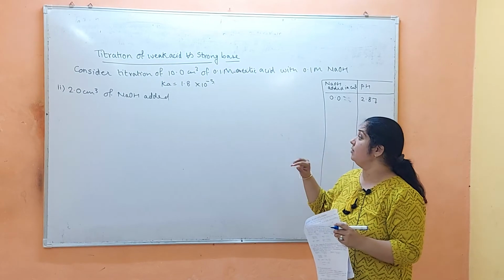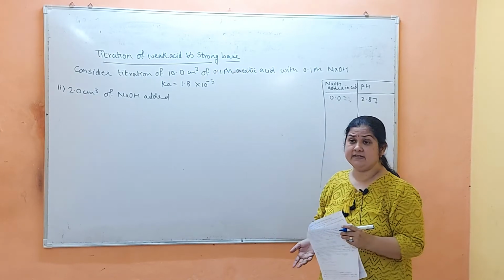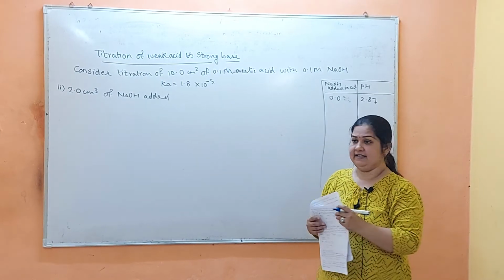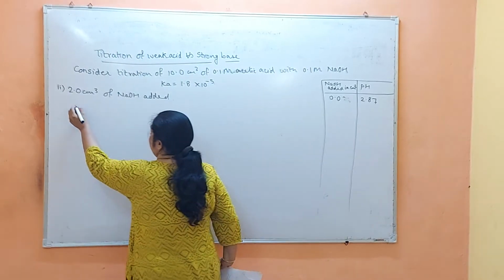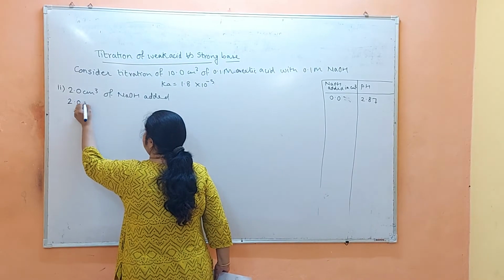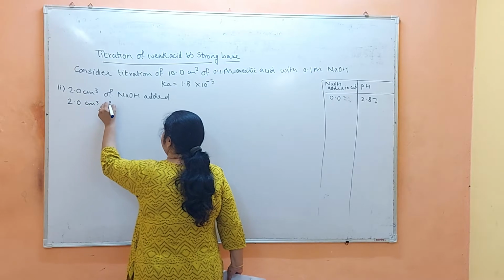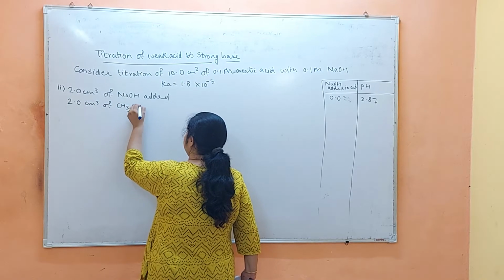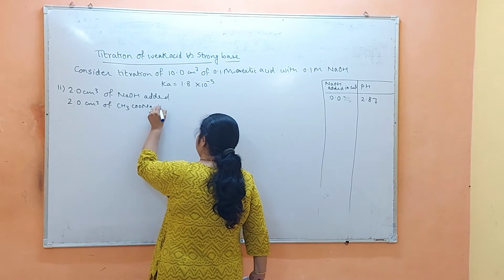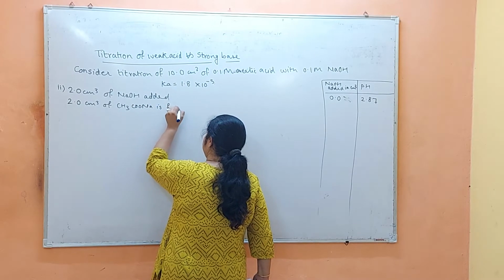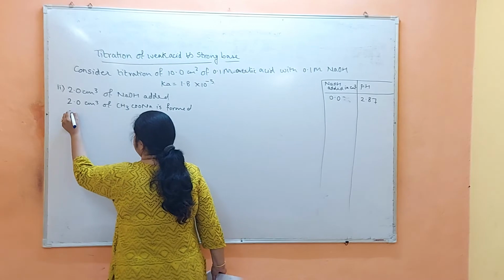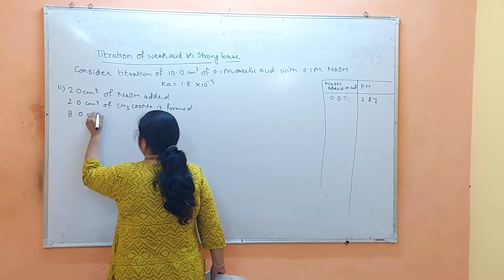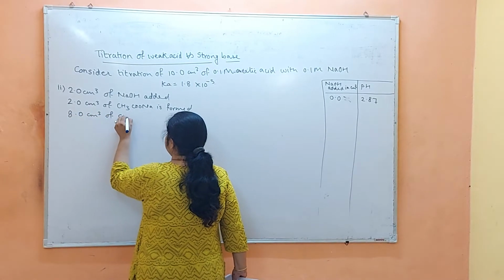So 2 cm cube of acetic acid will be neutralized to give you sodium acetate. So 2 cm cube of sodium acetate will be formed, and 8 cm cube of acetic acid will remain.